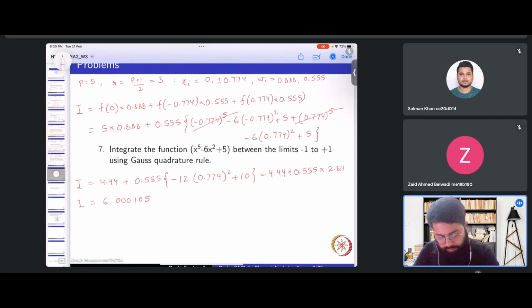Okay, so this is the value of the integral using 3 Gauss points. I'll just verify this using my calculator, the actual value of the integral: x to the power 5 minus 6 times x square plus 5, from minus 1 to plus 1.